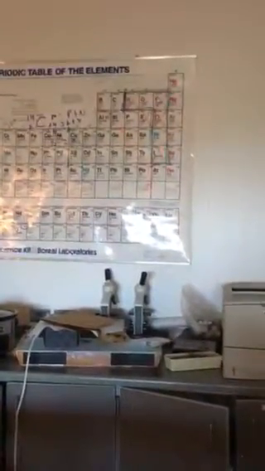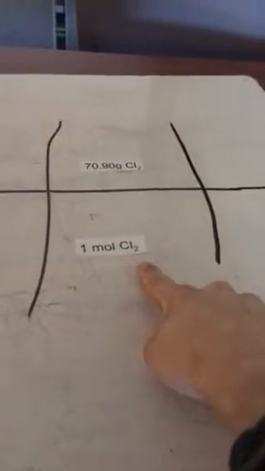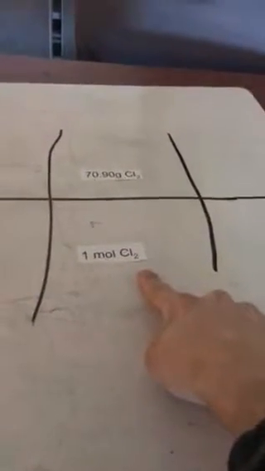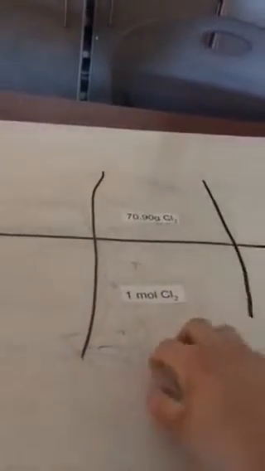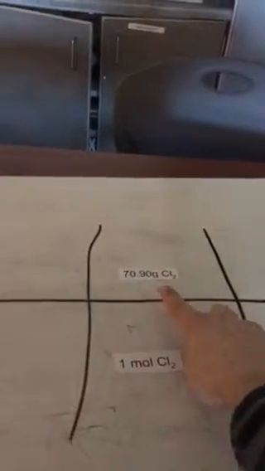The way I got that is, if you look at the periodic table of elements, chlorine has a molar mass of 35.5. Since you have Cl2, that means you have 2 chlorines, so you do 35.5 times 2, or 35.5 plus 35.5, which gives you 70.9.